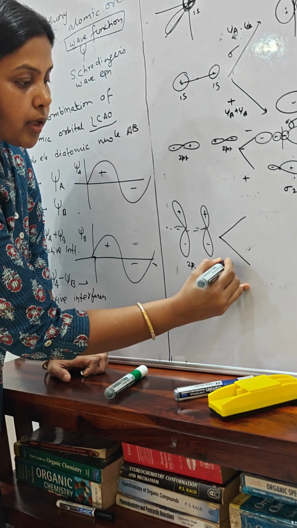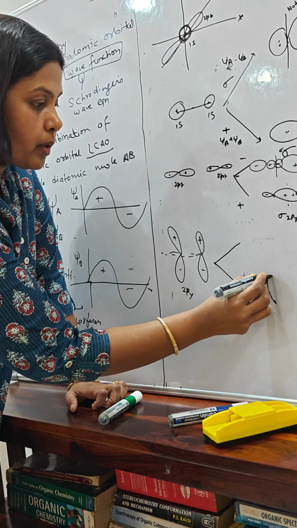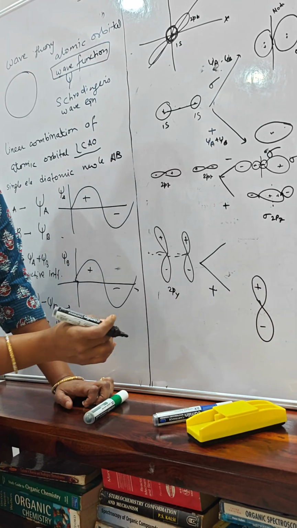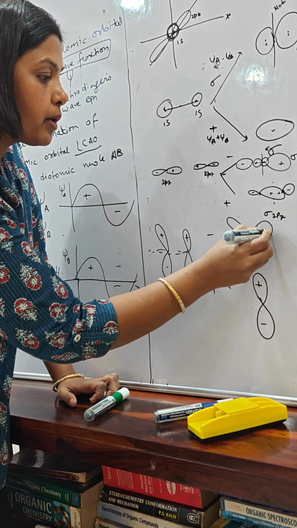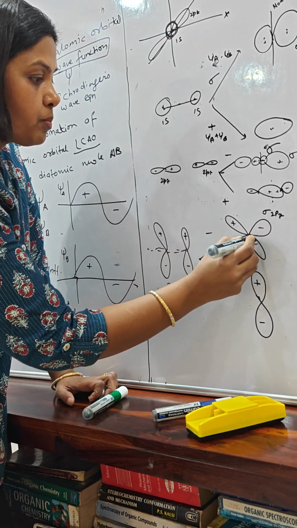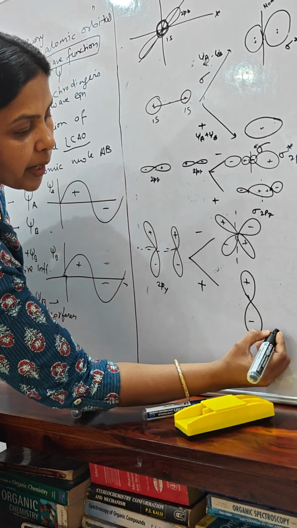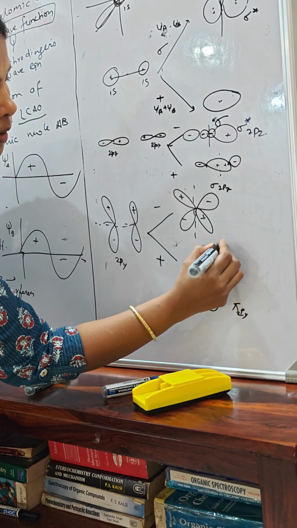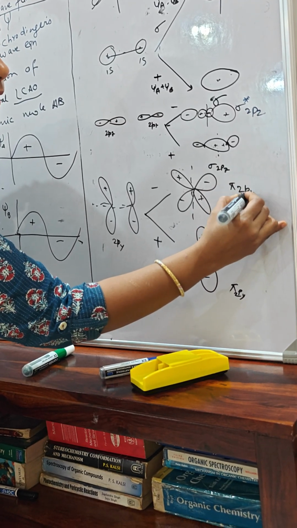If it combines in phase, it will give higher electron density, and out of phase it will give a nodal plane. So plus minus, minus plus, this will be a nodal plane. This way it will form a pi 2py, and a pi 2py star.